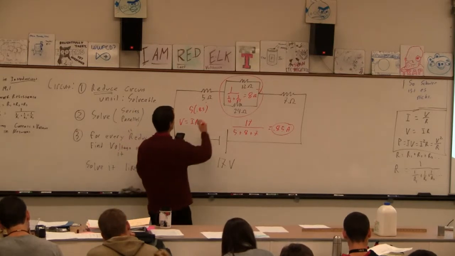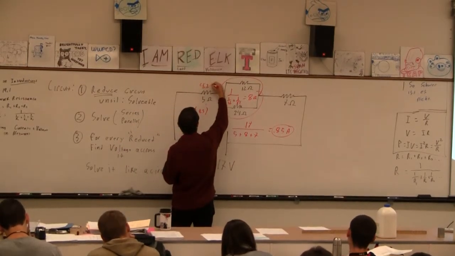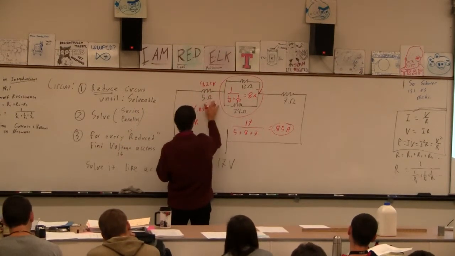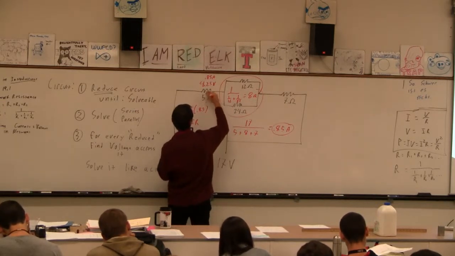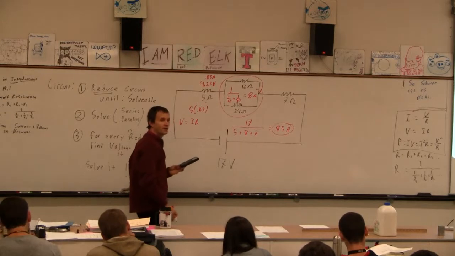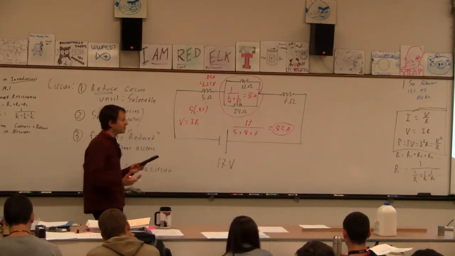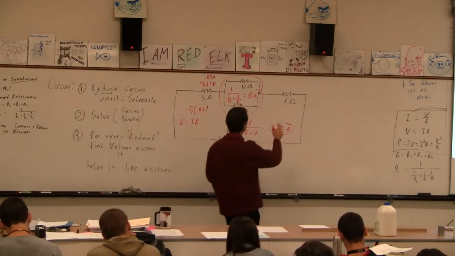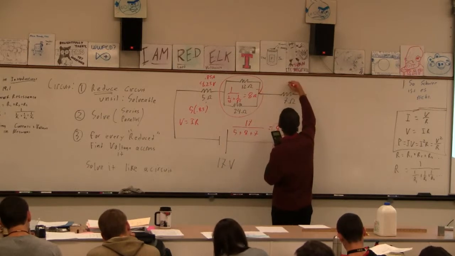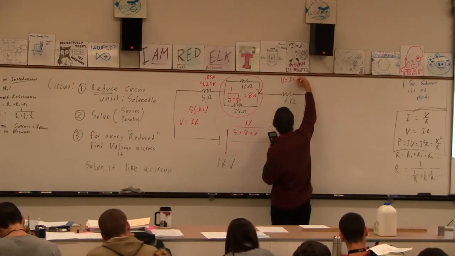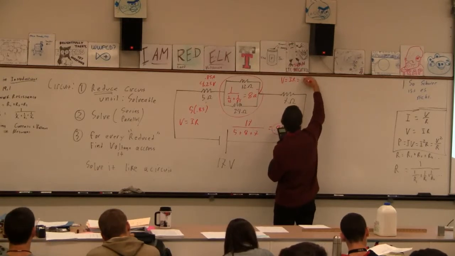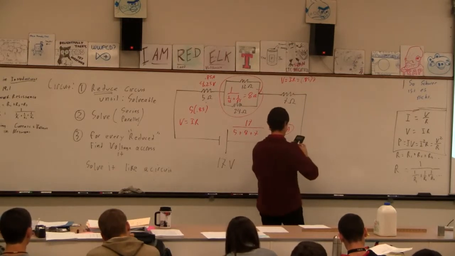That voltage is 4.25 volts. And the current through that one is, of course, 0.85. And that resistor, there's nothing more we need to know about it. We know the voltage, the resistance, the current. This one's easy. It's 7 times 0.85. V is IR. It's 0.85 times 7.